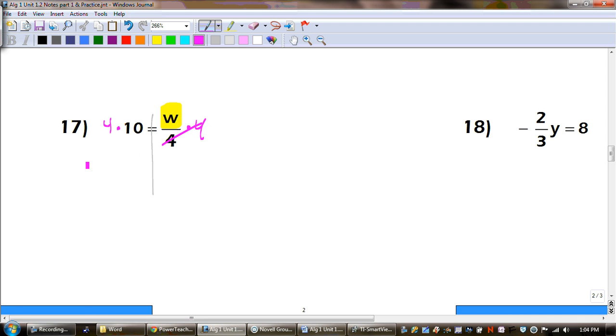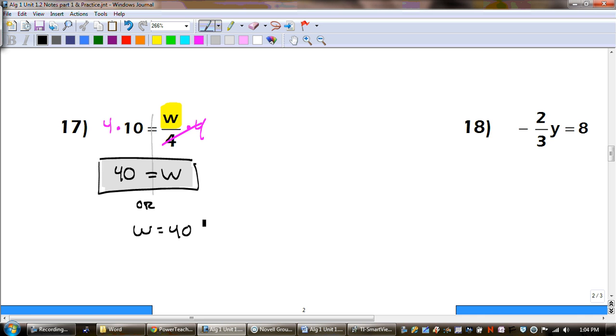What you do to one side, you have to do to the other. 4 times 10 is 40. So 40 equals W. It doesn't matter if you write 40 equals W or W equals 40. Those are the exact same thing.